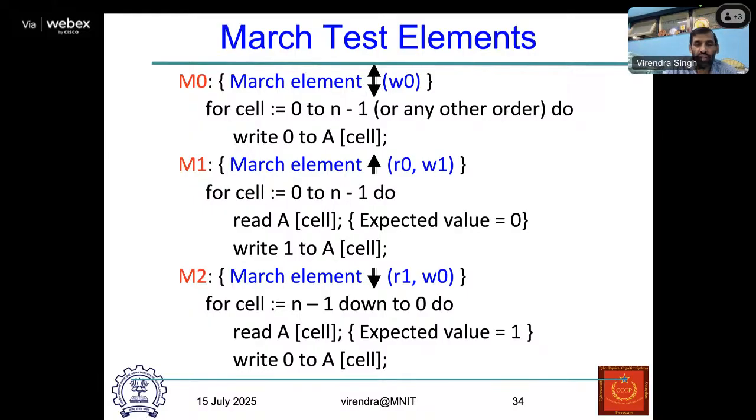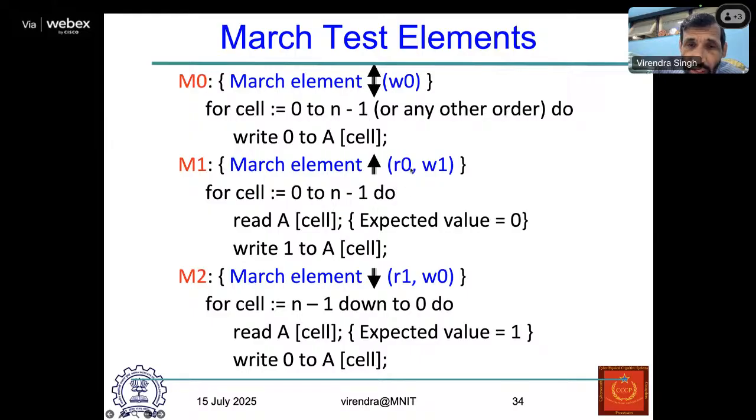Then in march 1, we do two operations with every cell in the rising order of address. We read the value and compare against 0, that we call R0.